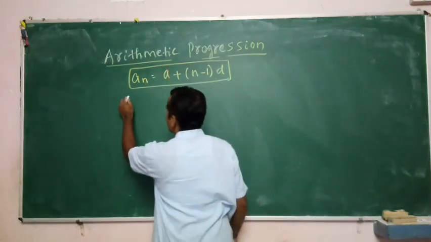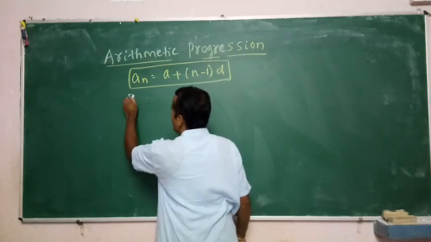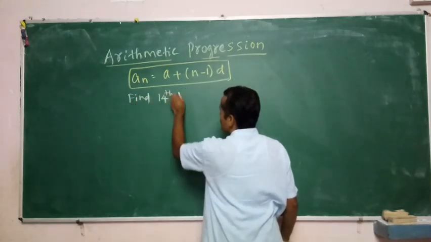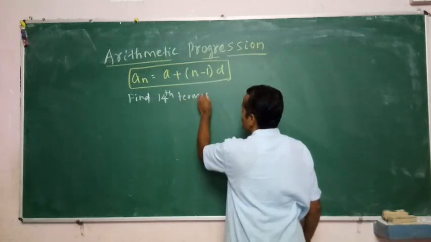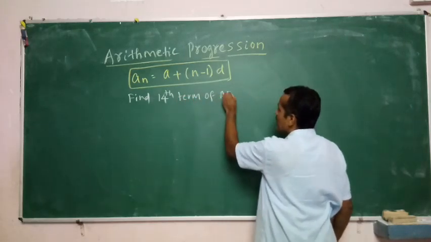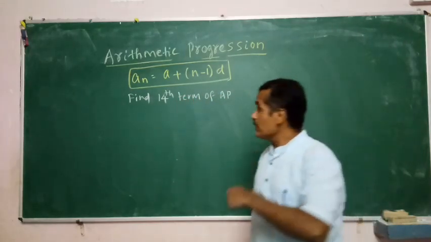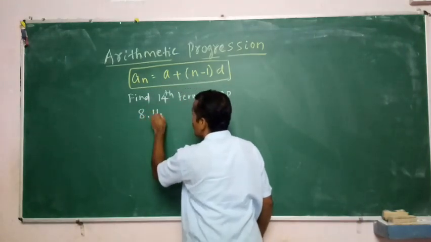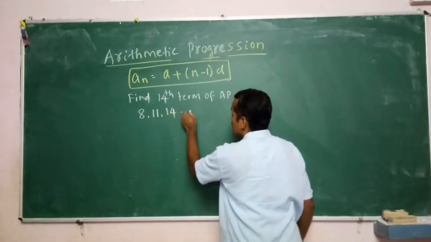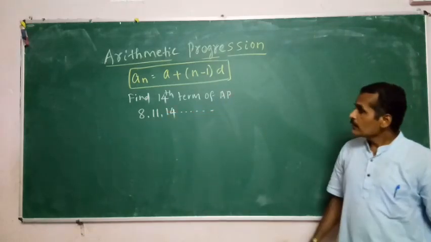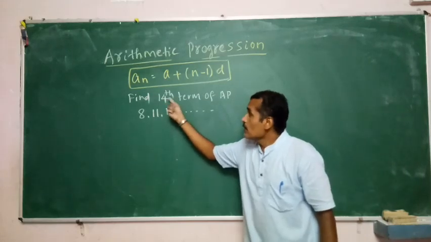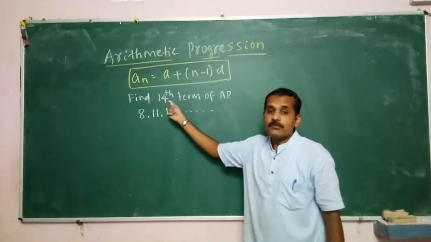Say, for example, if the question is asked: find the 14th term of the AP. See the question: 8, 11, 14, dash, dash, dash. This is the AP given to you, and they ask you to find the 14th term.